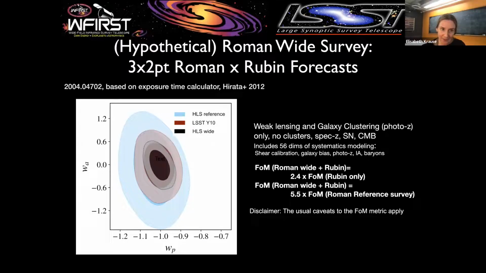And in black, we show the combination of this hypothetical wide band imaging with Roman combined with Rubin's galaxy sample for photometric redshifts. Importantly, this would amount to a factor 2.4 increase in figure of merit over the case of Rubin only. So that again is a substantial improvement, if such a wide band survey with Roman could gain traction.